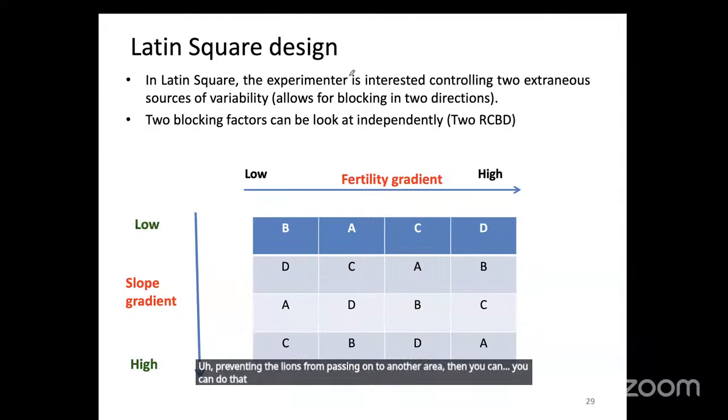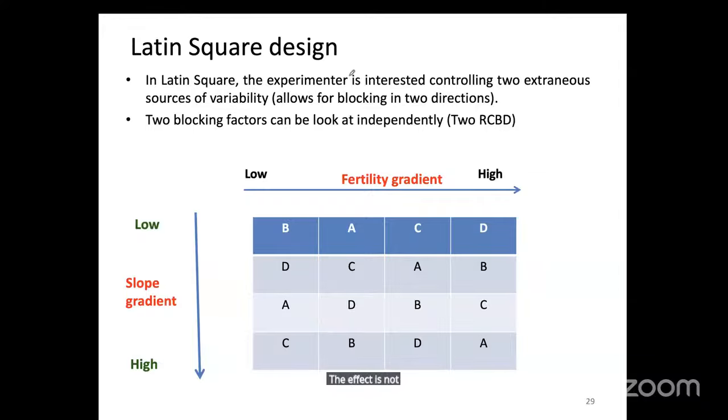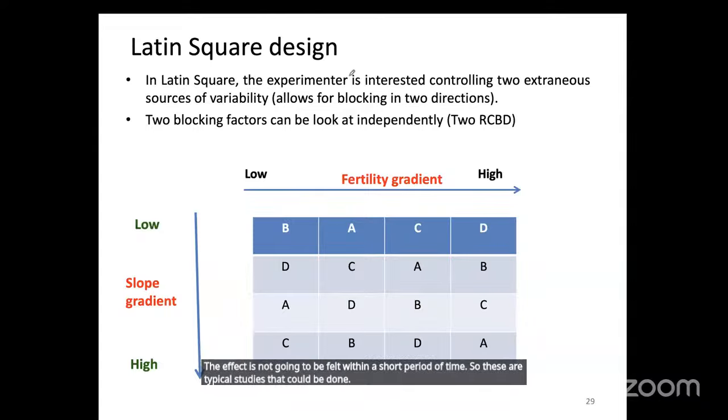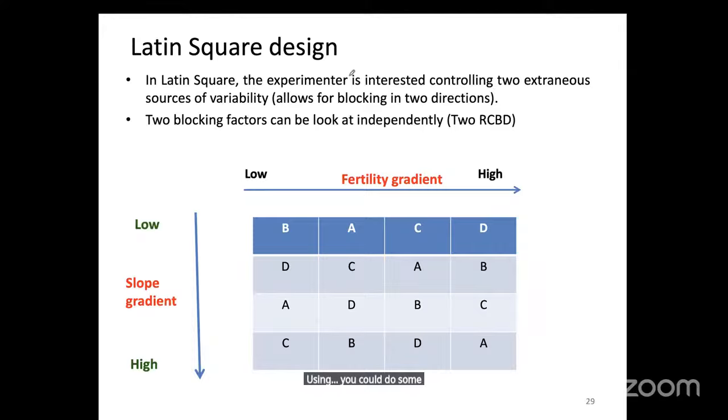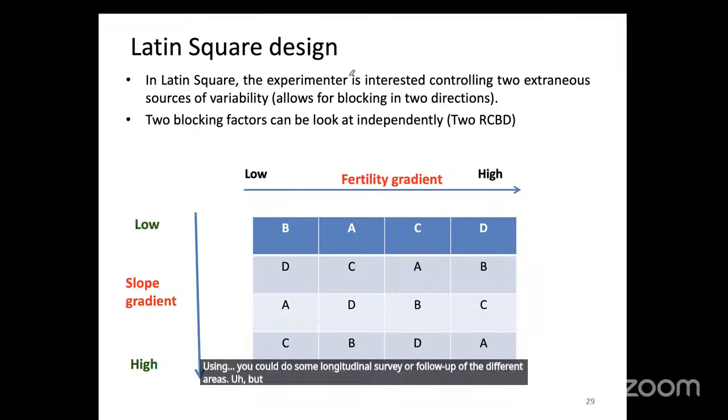But it will be kind of a long-term study, because you know for sure that the effect is not going to be felt within a short period of time. So these are typical studies that could be done using a longitudinal survey or follow-up of the different areas, but you can do some pseudo experiment.